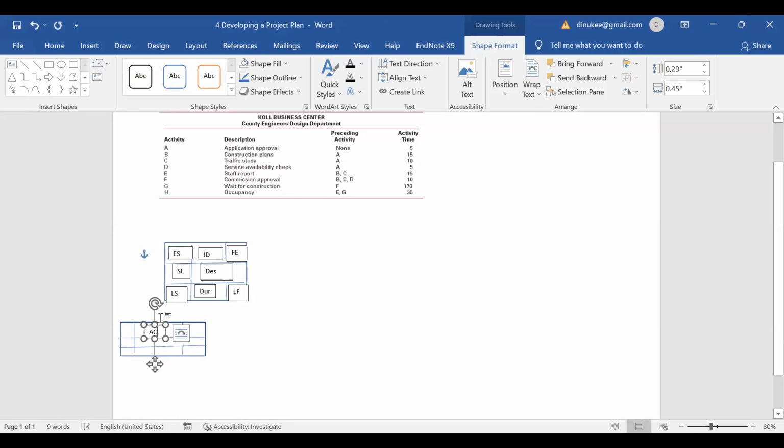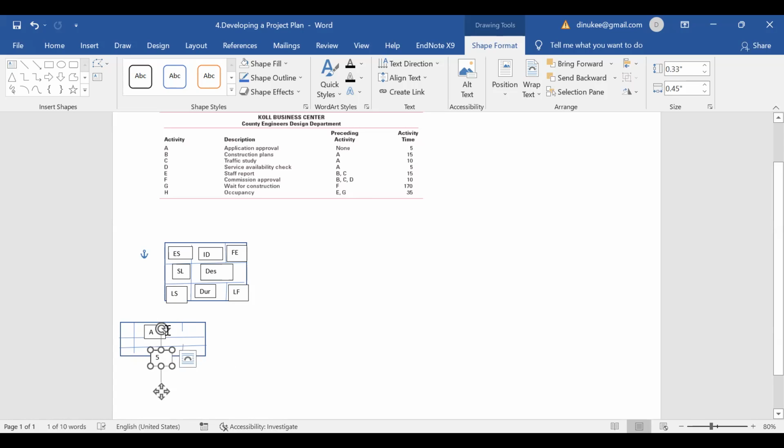Therefore, the duration should come to the middle of this cell. So you can write down 5 for this cell.